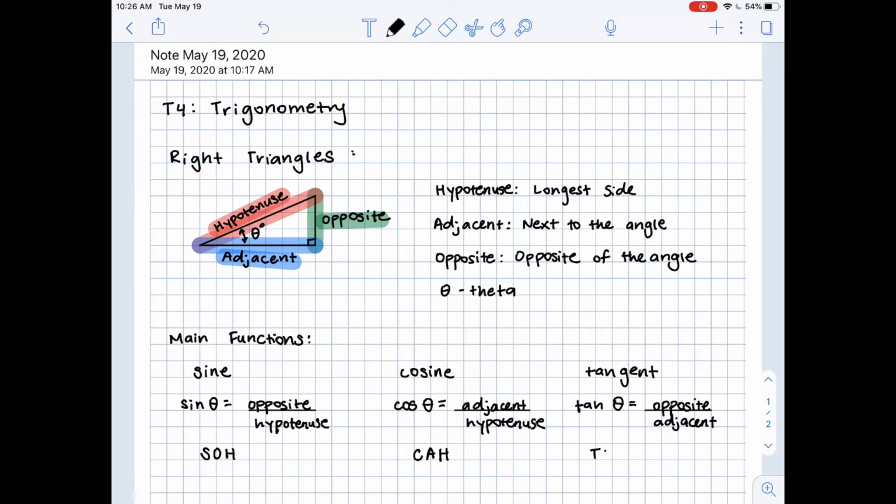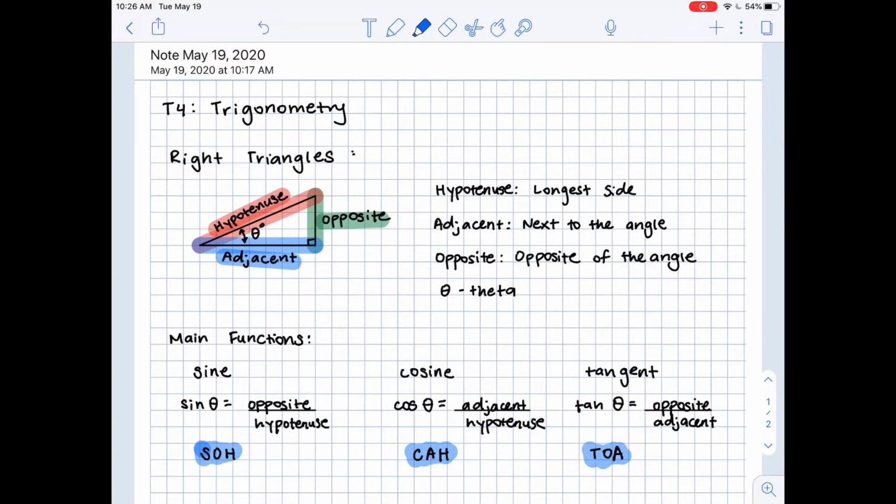And tangent is opposite over adjacent. The way to remember this is SOH, CAH, TOA. Sine is opposite over hypotenuse. Cosine is adjacent over hypotenuse. And tangent is opposite over adjacent.